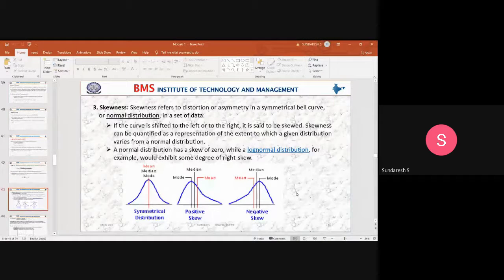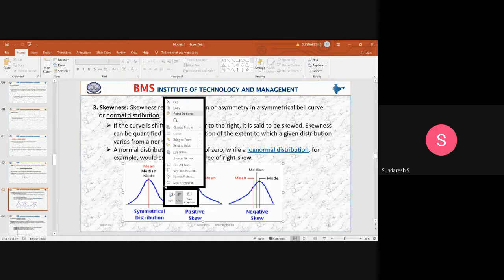Therefore, the qualitative way is what they have represented here in the form of curves. You can see if the curve is shifted to the left or to the right, it is said to be skewed. See, this is a normal distribution curve, bell curve.